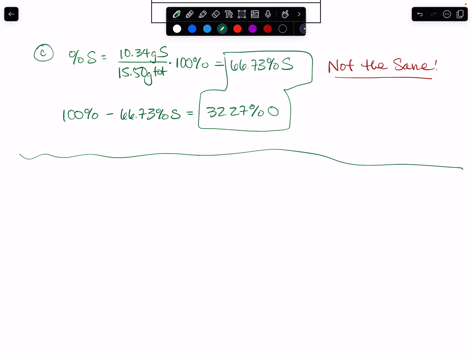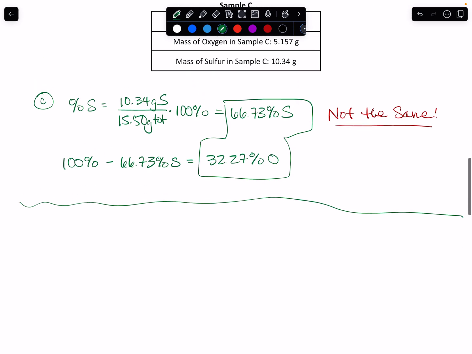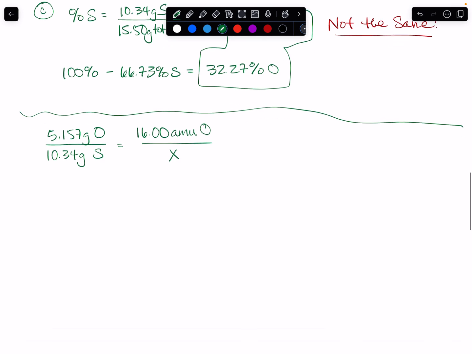Since we know it's different, let's figure out what it is. I've been comparing the amount of oxygen to sulfur. This time I'm going to do it the other way. I've got 5.157 grams of oxygen, and I have 10.34 grams of sulfur. I know that 1 atom of oxygen has a mass of 16 AMUs, so what mass of sulfur must be present within my sample?